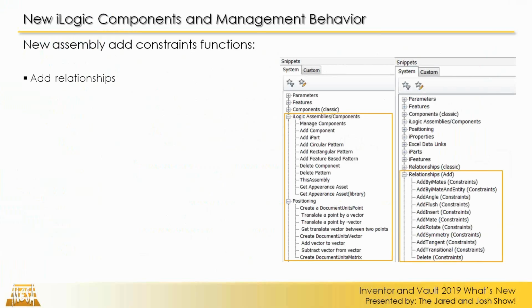And part of that one is the ability to assign a name to a face or an edge. So if you have a component that you're going to be using in iLogic and you're going to be assembling it using the iLogic functionality, one of the key things here is being able to assign a name to a part face or a part edge that you can then reference later on in your iLogic functionality.